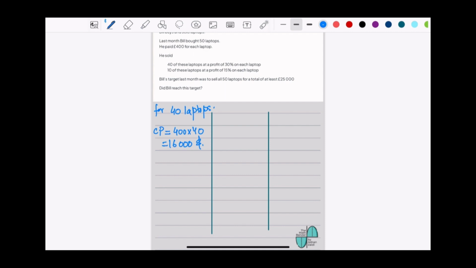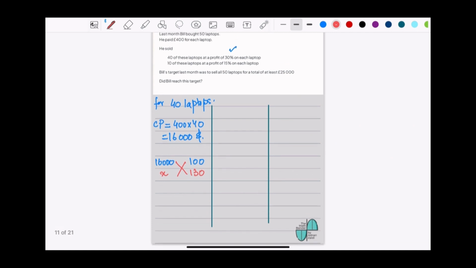Now, he sold these at a 30% profit. So I can say that 16,000 was the cost of those 40 laptops and 100% original price. So after a profit of 30%, the percentage increased to 130, which is X. So X is equal to 16,000 times 130 over 100.